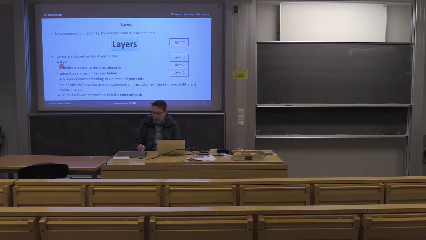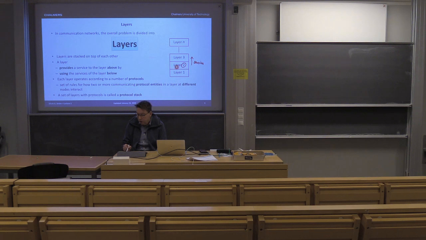So the purpose of a layer is to provide services. Layer 2 here, for instance, provides a service for layer 3. So layer 3 can use layer 2 in order to solve its tasks, right?